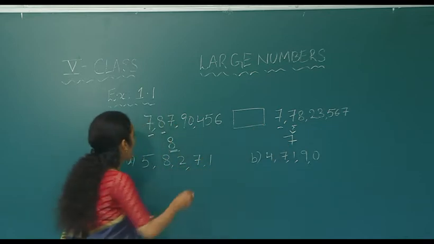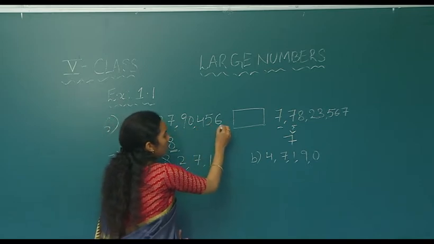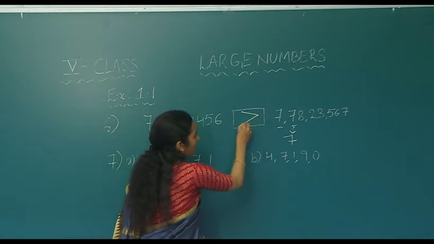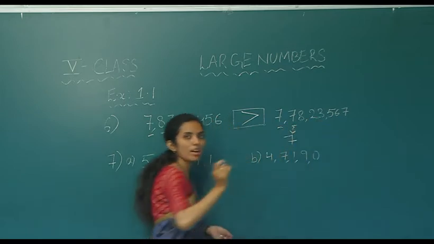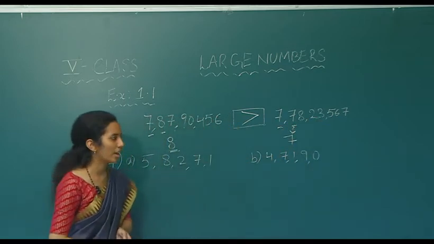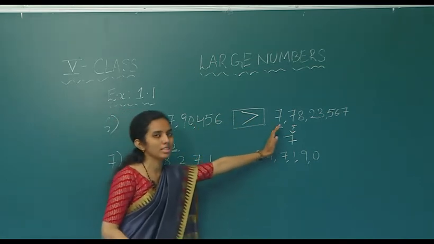So, how do we write? 7 crores 87 lakhs 90,456 is greater than 7 crores 78 lakhs 23,565. So, this number is bigger than this number.